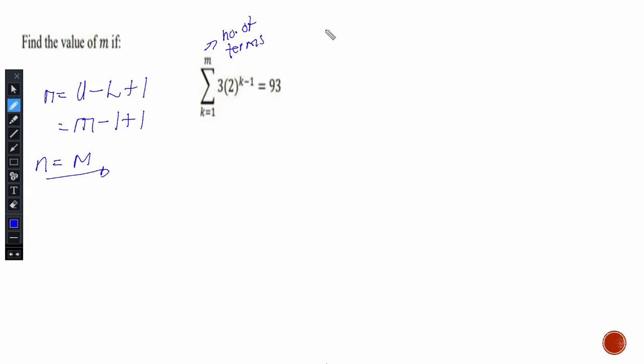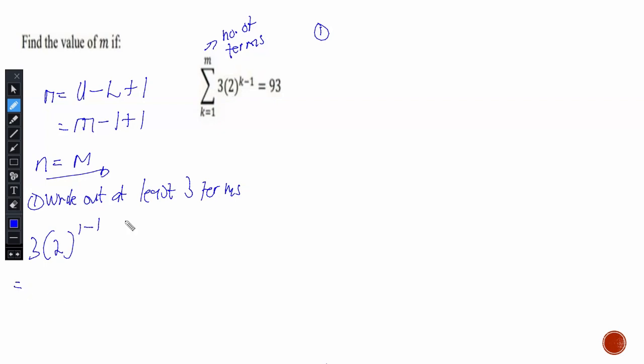Again, we're going to first start by writing out at least 3 terms. So we have 3 times 2 to the exponent of n minus 1. Our case starts from 1, that's the start index. Then this will give us 3 times 2 to the exponent of 1 minus 1, so 2 minus 1 is 1? no: 1 minus 1 is 0, giving 3.